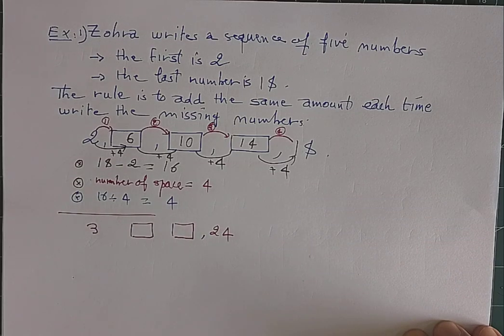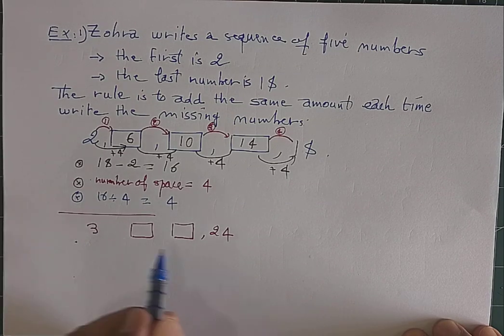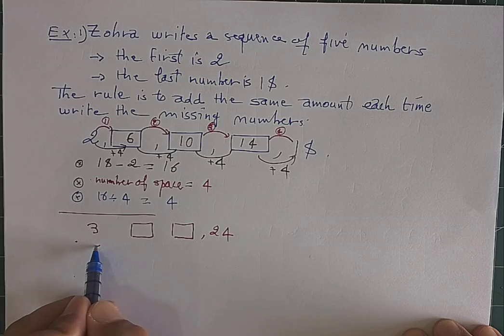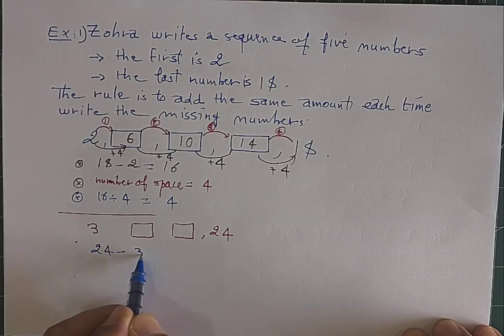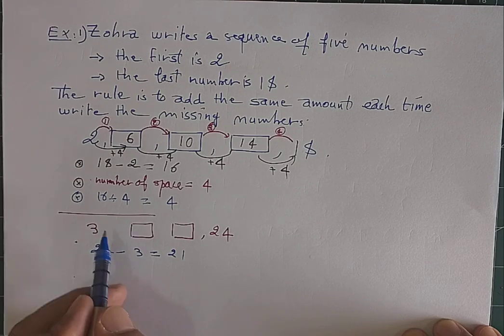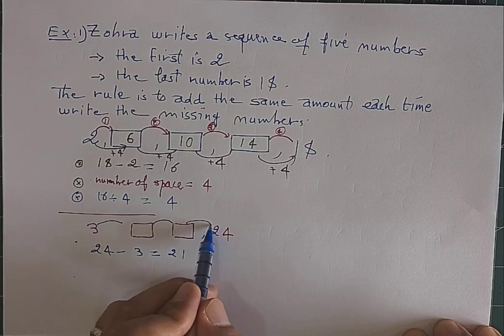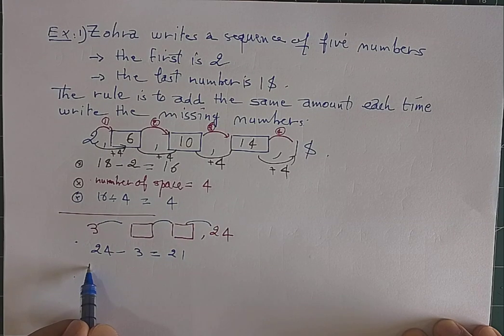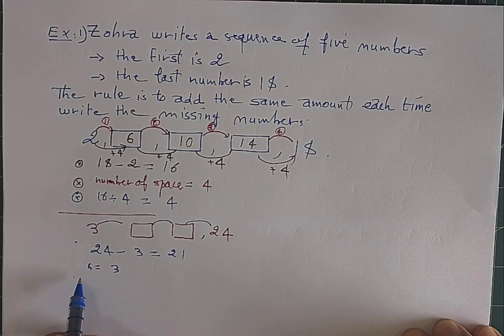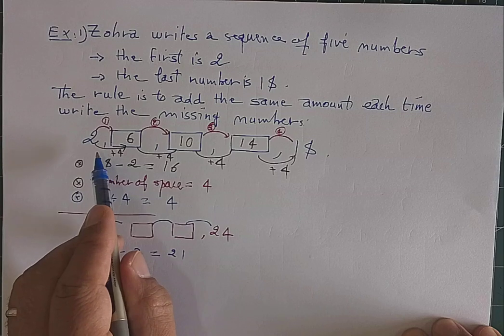First, I count 24 minus 3, which equals 21. Then I count the number of spaces: 1, 2, 3, so 3 spaces.